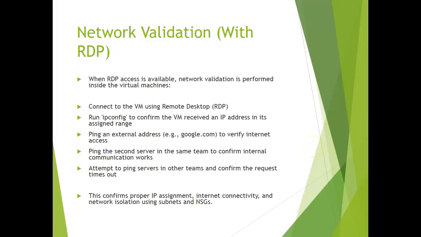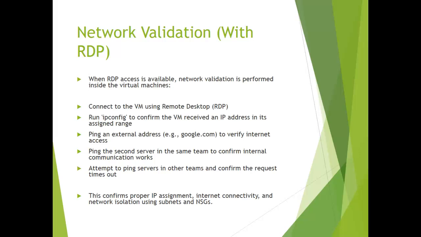Now after all this, we have to test our network using RDP, the remote desktop. Once the virtual machines are accessible, remote desktop will be used to validate the network configuration. Inside each virtual machine, the ipconfig command will be used to confirm that the assigned private IP addresses match the planned subnet range.